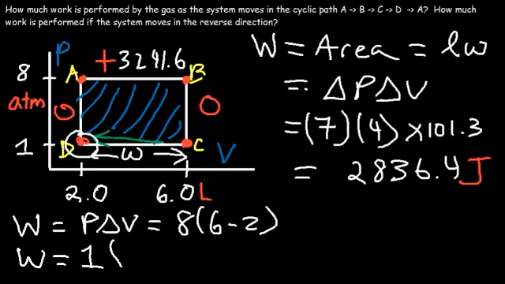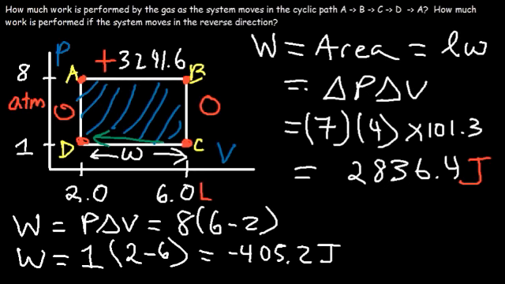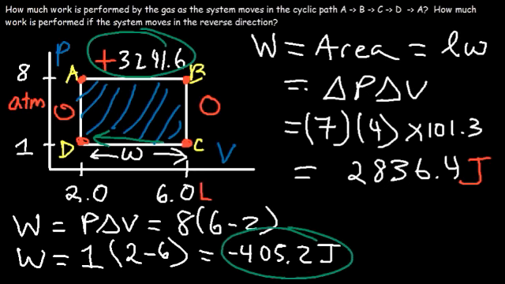D is the final position, C is the initial position, so it's going to be 2 minus 6. So that's negative 4 times 101.3, and that's equal to negative 405.2 joules. So if we add these two values, 3241.6 plus negative 405.2, this is going to be equal to 2836.4.